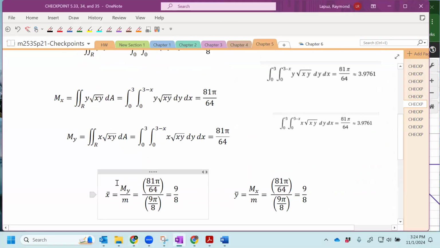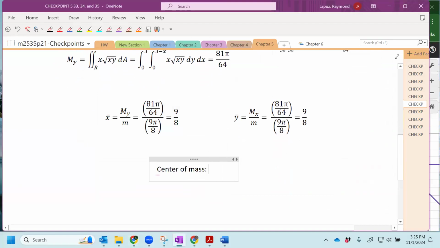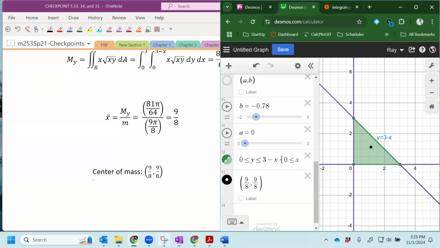In any case, we have our solutions for the center of mass. Let's be really specific. The center of mass is going to be given by the point 9 over 8, comma 9 over 8. Why not include this drawing as well?